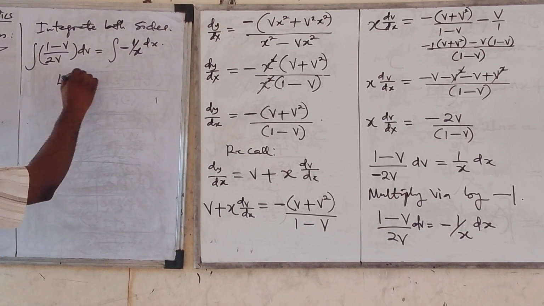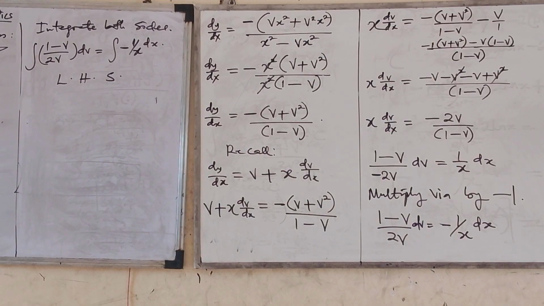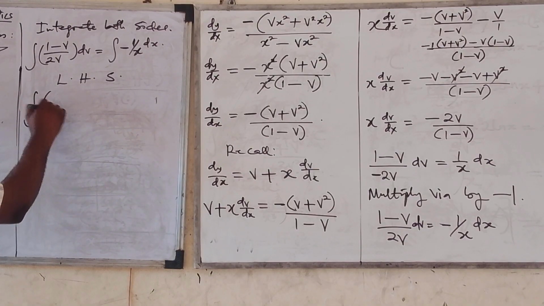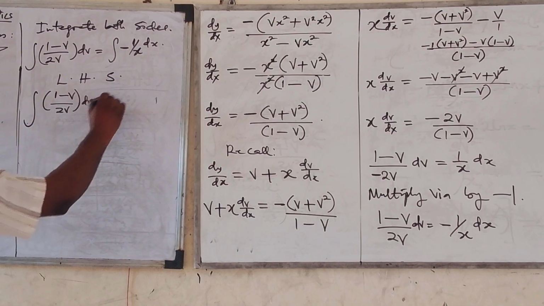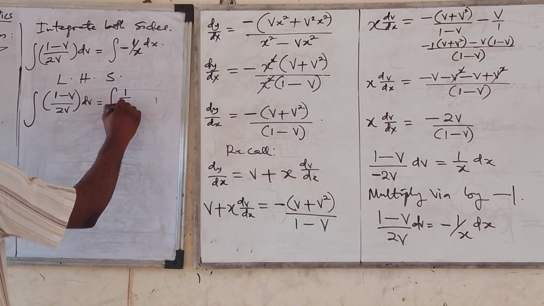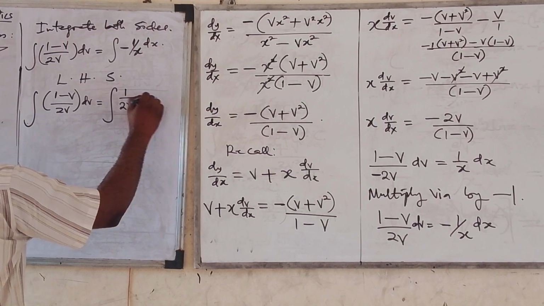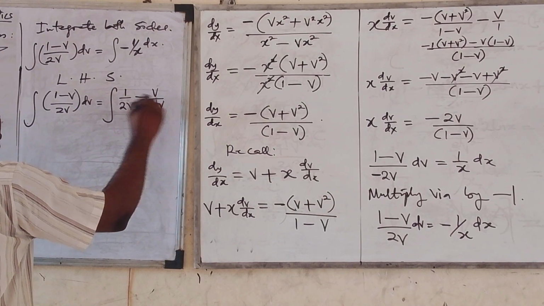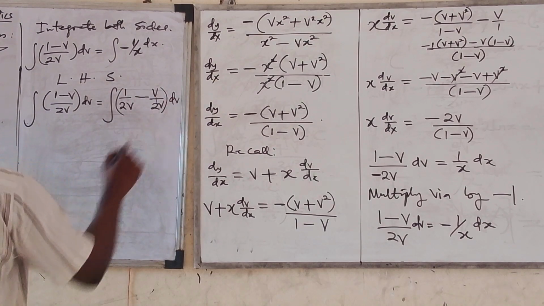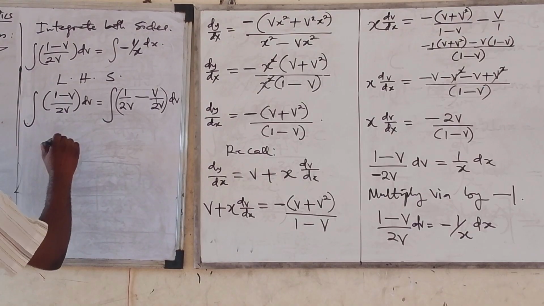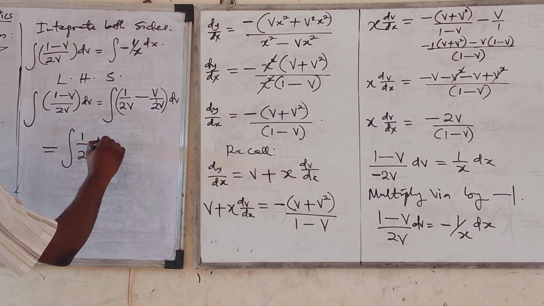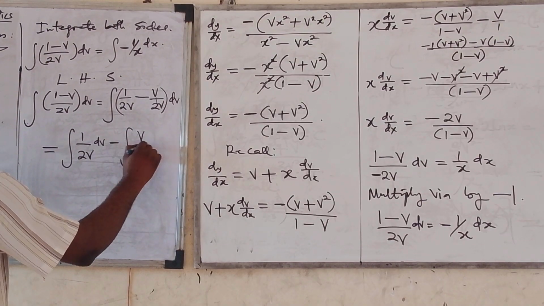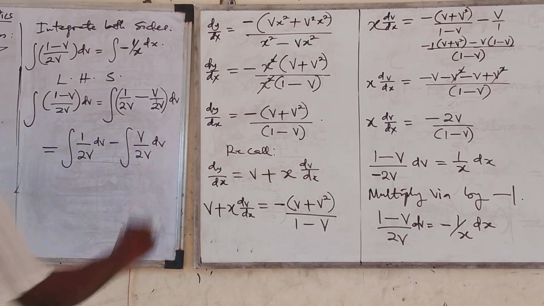So now let's look at the left hand side. The integral of (1 minus v) all over 2v dv is the same as saying the integral of 1 all over 2v dv minus the integral of v all over 2v dv.